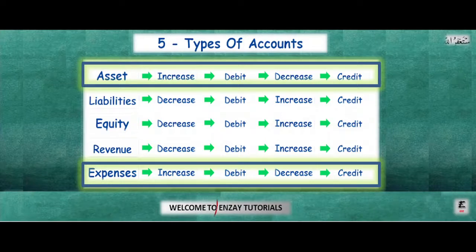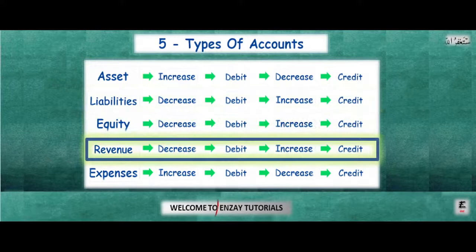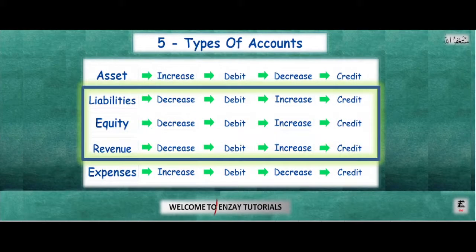And in these three accounts, liabilities, equity and revenue, when these three accounts decrease, we use the debit symbol, or we represent it through debit. And when these three accounts increase, we use the credit symbol, or we represent it through credit. This is the functioning of debit and credit. Whatever happens or changes in these five accounts, through this technique we will use the specific legitimate sign of debit or credit.